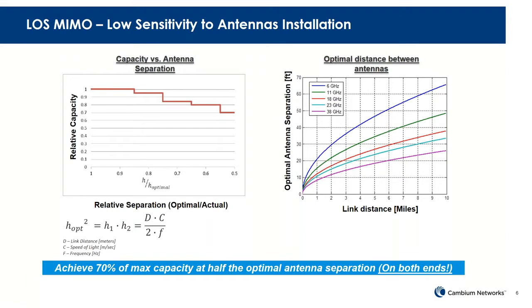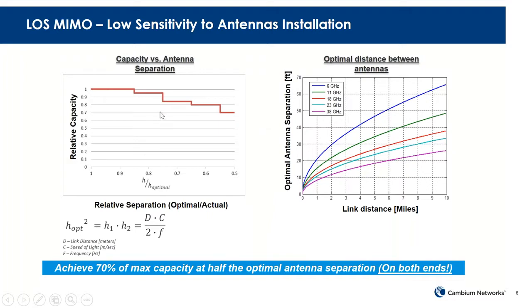So one would say, if I want to achieve optimal separation to get the highest modulation mode possible for a 6 gigahertz link of, say, 10 miles distance, I would need more than 60 feet. That's a lot, right? Maybe I cannot find the tower space that allows me to achieve such a separation. But the thing is that you don't have to have this optimal separation.